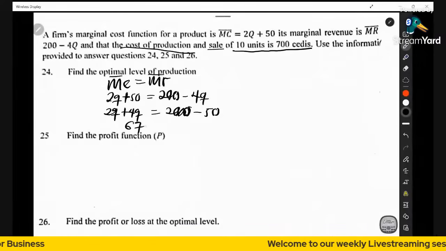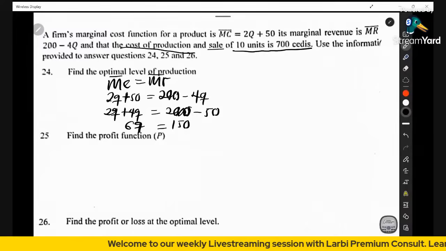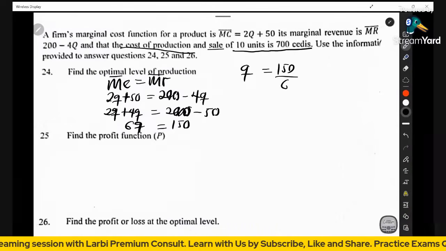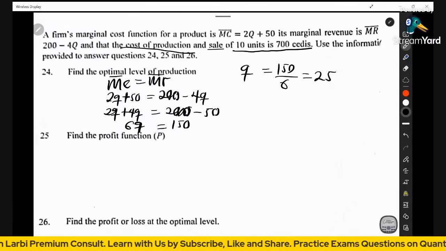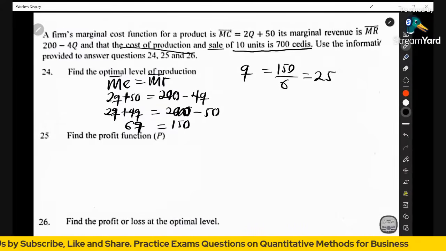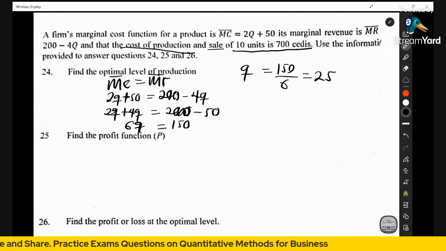So you get 6Q equal to 150. When I divide both sides by 6, I should be able to get 25. That is what I get at the end of the day. So therefore, my Q is 25.